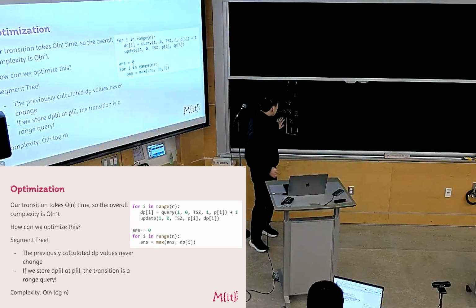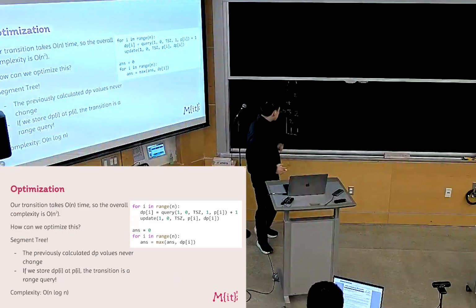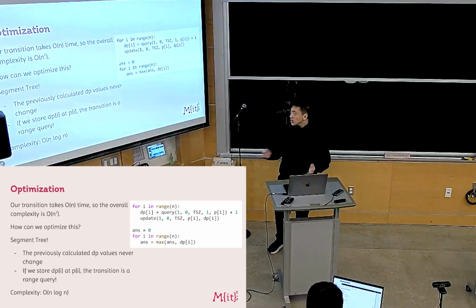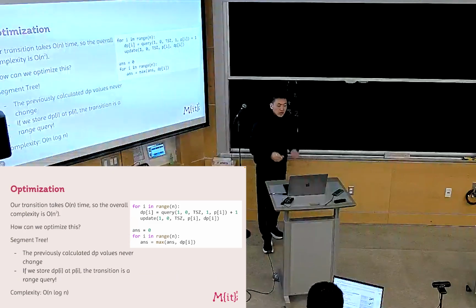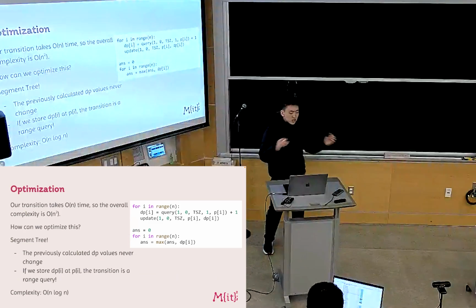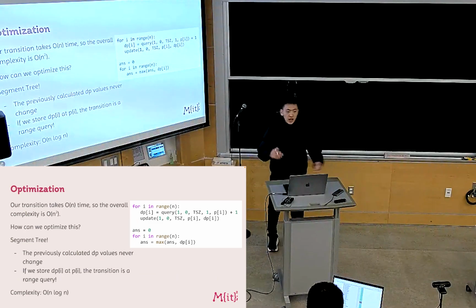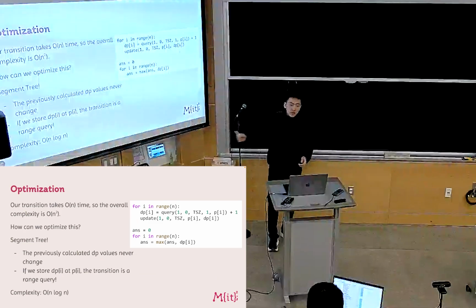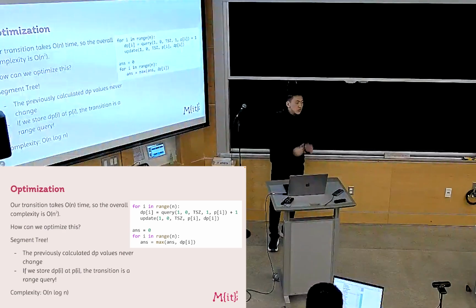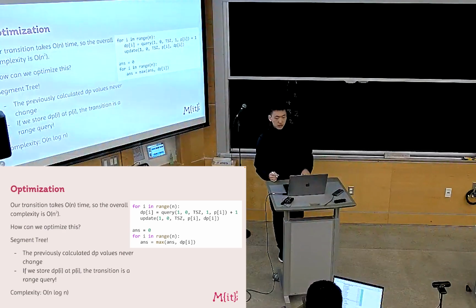So me setting this value to 2 is essentially that update operation. And at the end, to find the answer, all we need to do is find the maximum over all dp values, because dp of i forces the last element to be taken, so we need to max over all possible dp values.